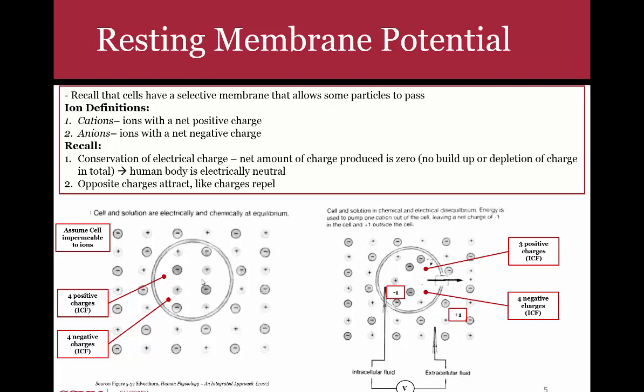In this case, because we're electrically neutral inside and we're electrically neutral outside, there are no electrical forces that are driving or wanting to drive positive or negative charges into or out of this cell. So those are zero.